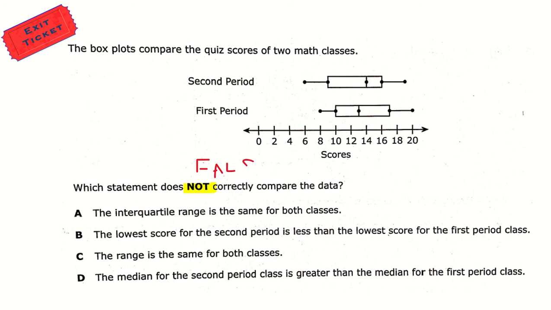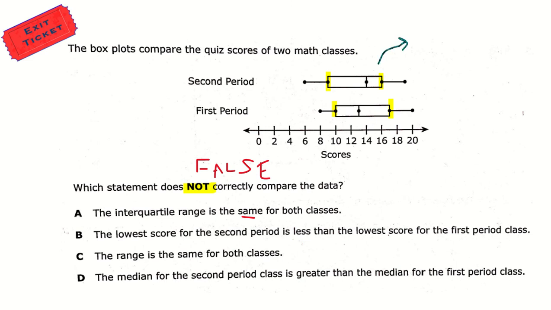So we want the false statement. Y'all make sure you read carefully and slowly and know what you're looking for. Okay, they bolded that term not. So we're looking for the wrong statement. All right, A. The interquartile range is the same for both classes. Is that true? That means we subtract the quartiles.